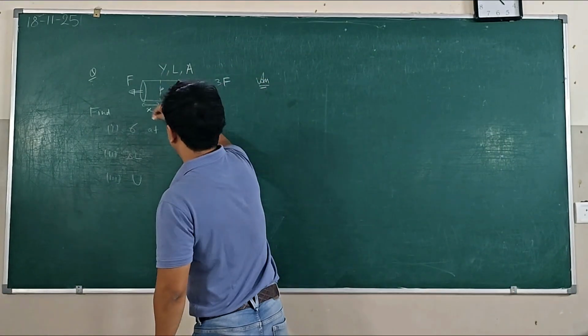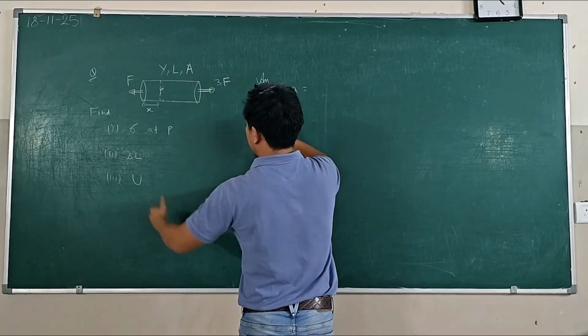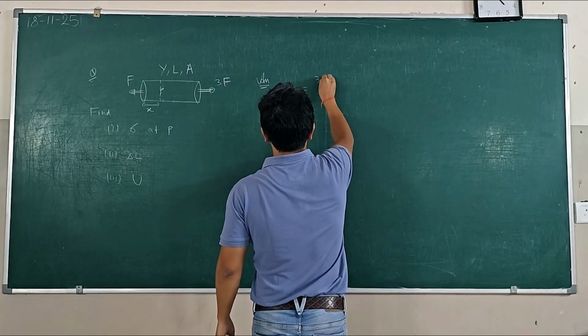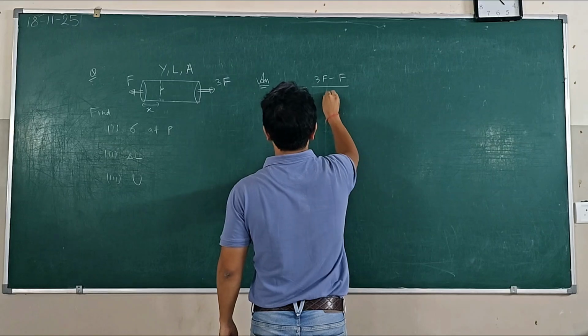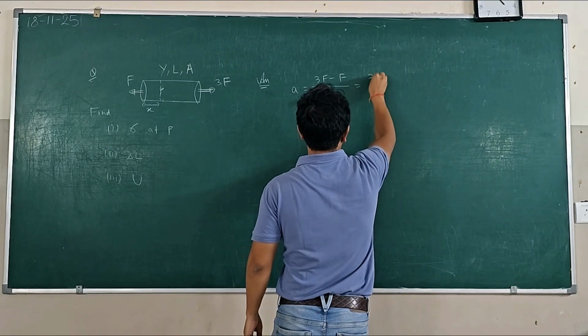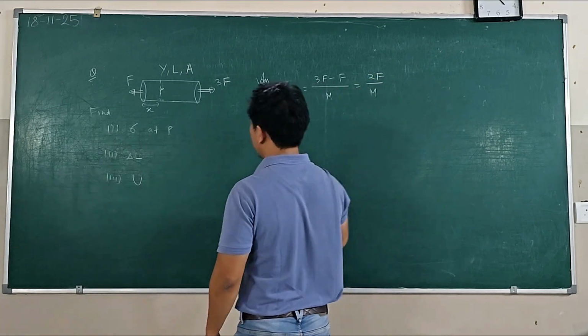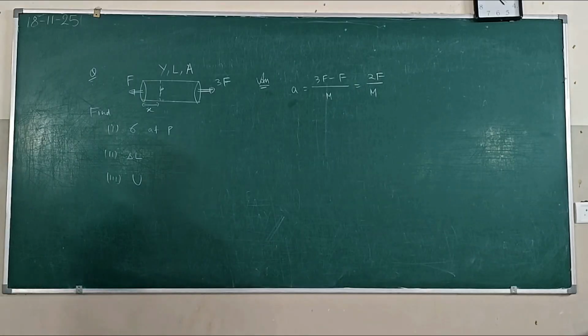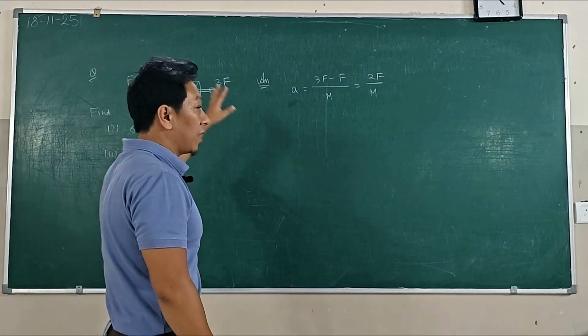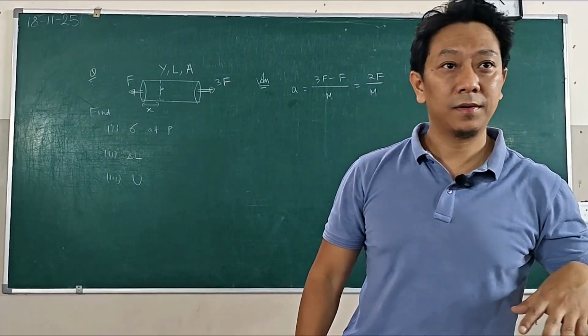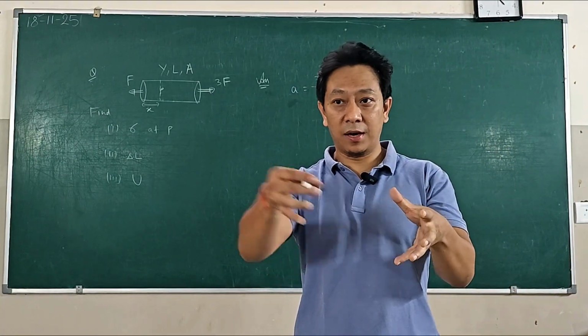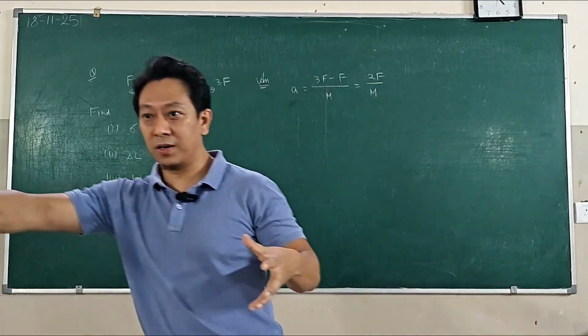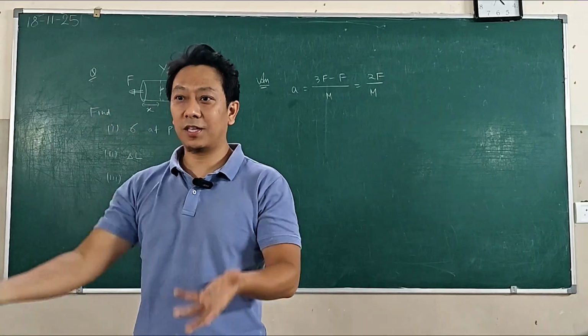For this system, tell me the acceleration of the system, right side. 3F minus F divided by the mass of the wire. So 2F by M. Everybody clear with this? Newton's second law for whom? The whole wire. So first I have chosen the whole wire as the system. When you connect blocks with another block with a string and you pull one block, we do the same thing.